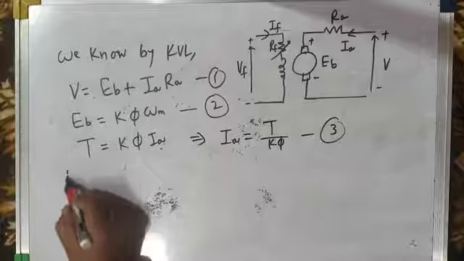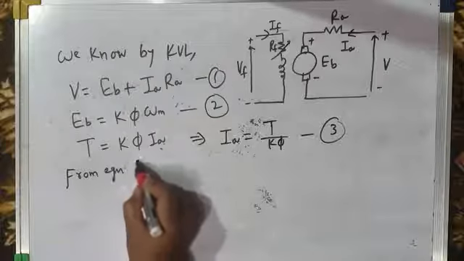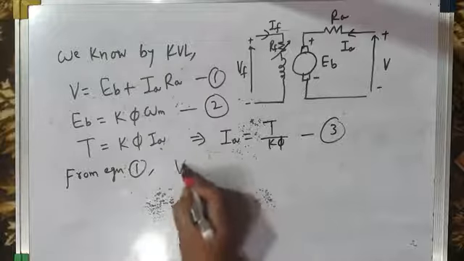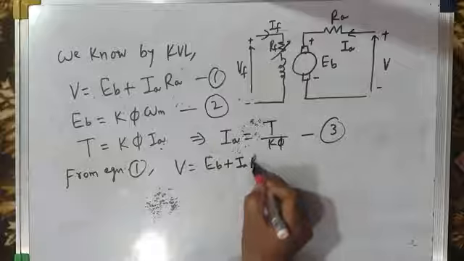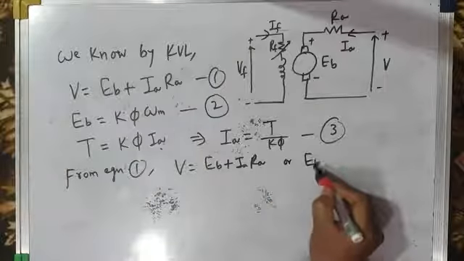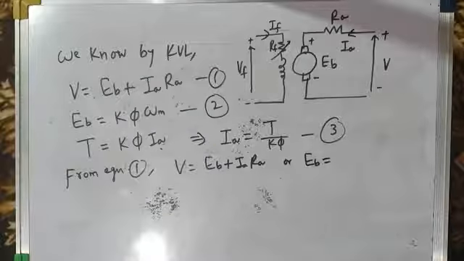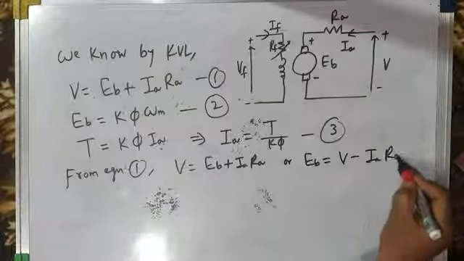So we can now write from equation 1, V is equal to Eb plus Ia Ra, or we can write Eb is equal to V minus Ia Ra.